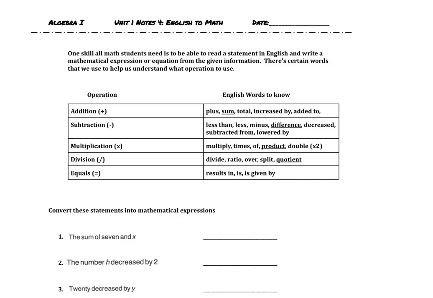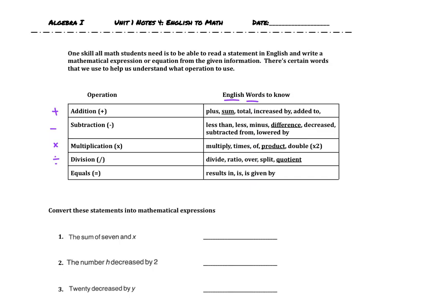So the four operations: you have addition, subtraction, multiplication, and division. What are some of the words that tip you off that that's the operation you're dealing with? If you look over here at the right, you're looking for these specific English words that can tip you off to what operation you're dealing with.